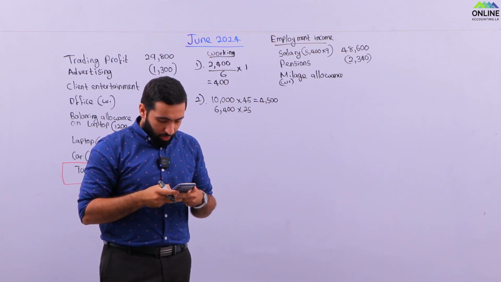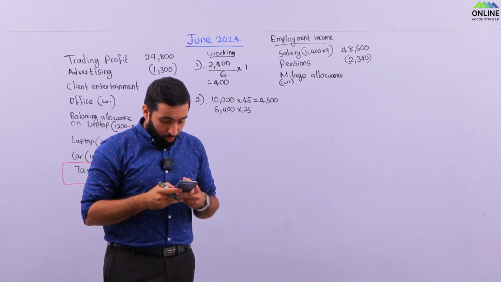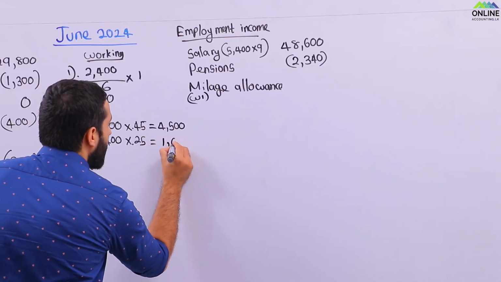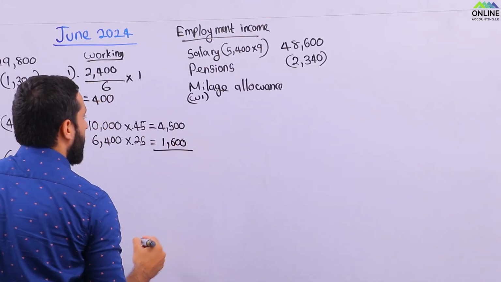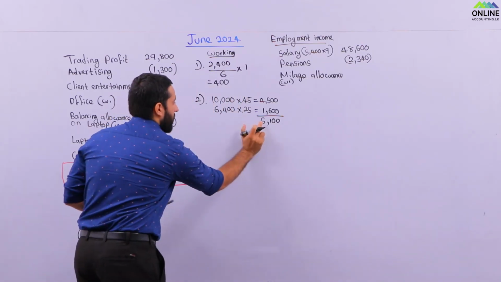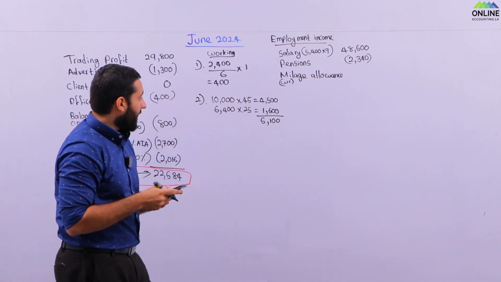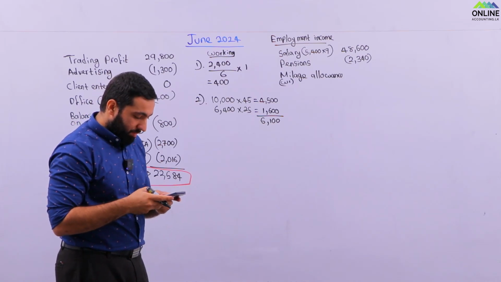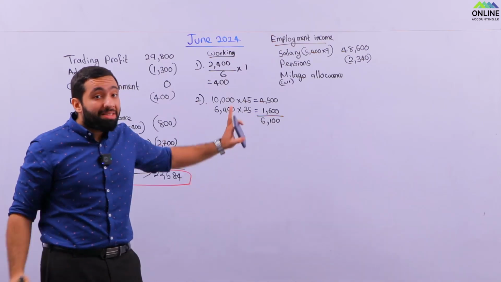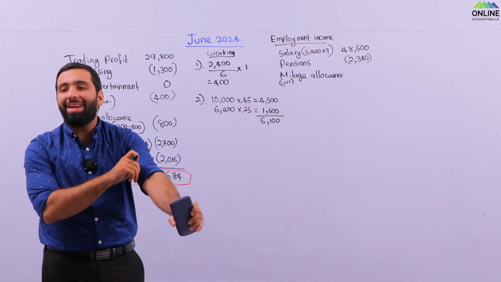So 6,400 multiplied by 0.25 will give you 1,600. Okay, 1,600, and then this is 6,100. Am I correct? Let's check it through the calculator. 4,500 plus 1,600, yes, 6,100. And then how much is this person paid by the company?